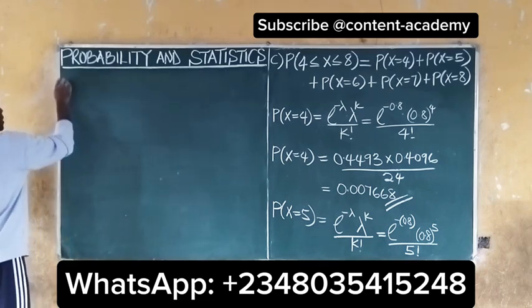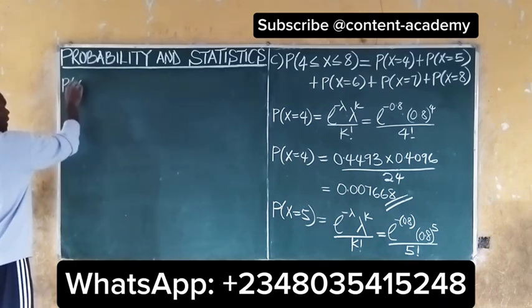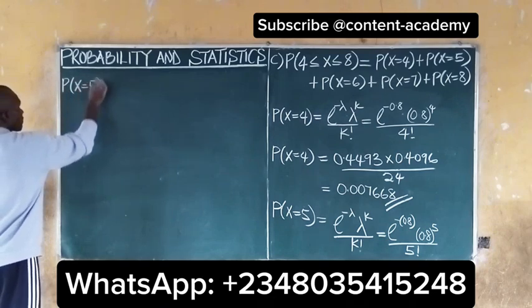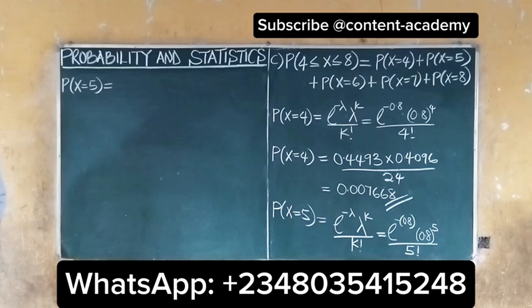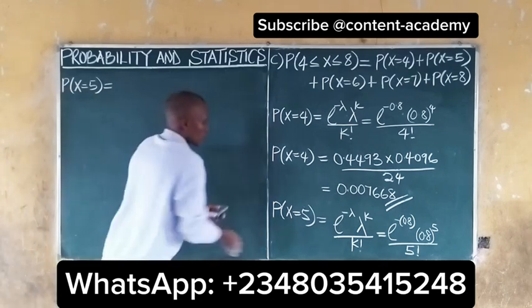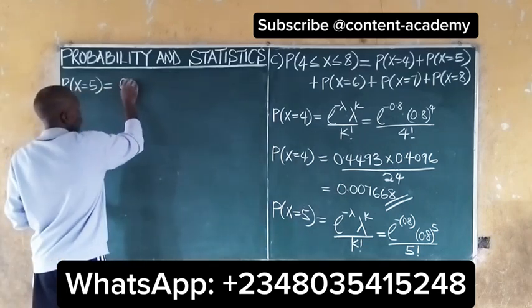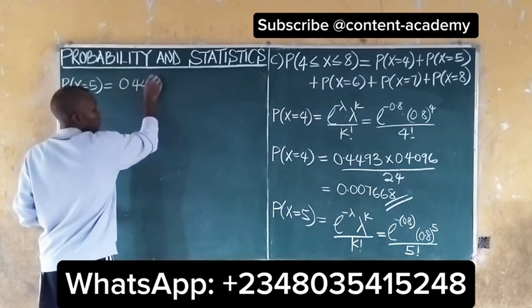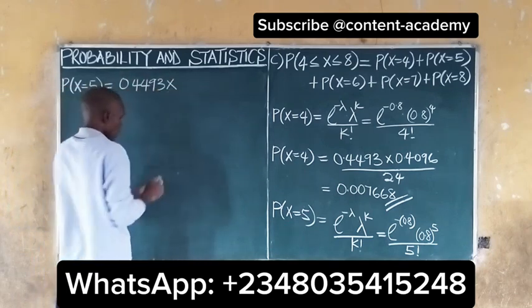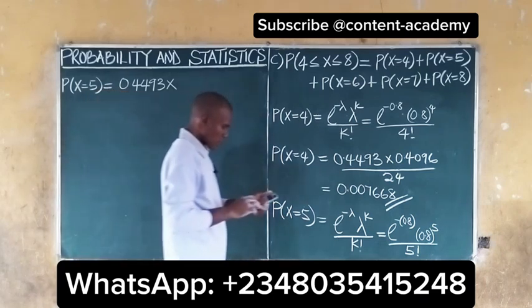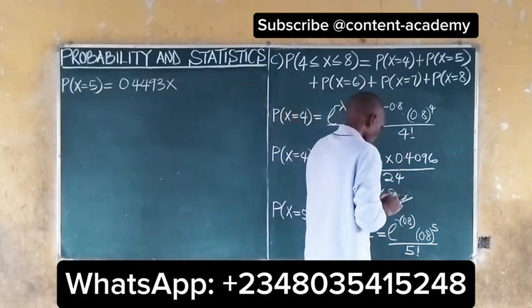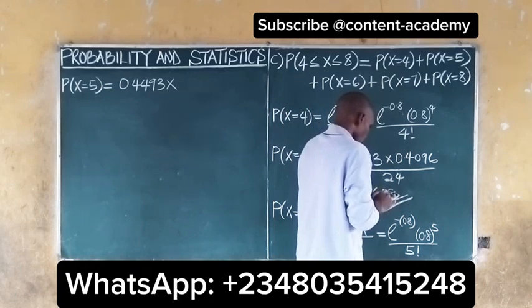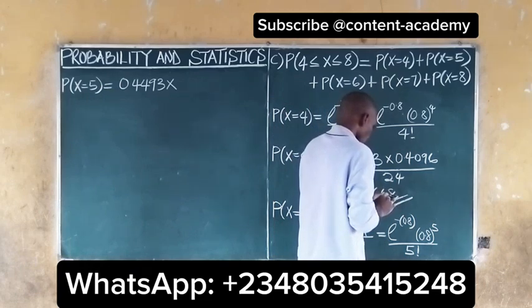So we have the probability that x is equal to 5 is equal to, now we have exponential, we first have 0.4493 multiplied by 0.8 raised to the power of 5.